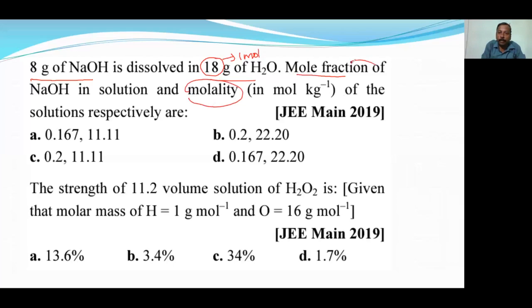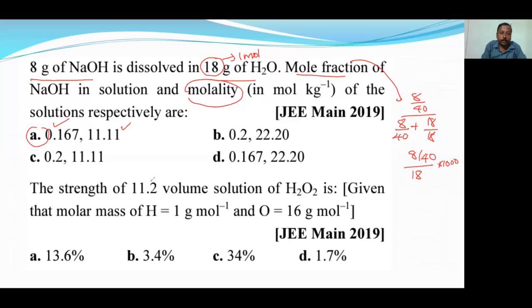Simply, mole fraction I am writing here: 8 by 40 divided by 8 by 40 plus 18 by 18. So the answer you will get is 0.167. Molality will be 8 by 40 divided by 18 into 1000. Then you will get 11.11. So option A is correct.